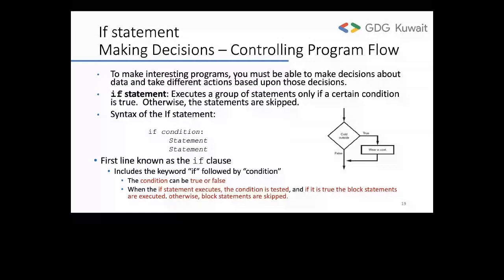When an if statement executes, the condition is tested. If it is true, the block of statements, this you see here is called the block, is executed if the if statement is true and it fulfills the condition.